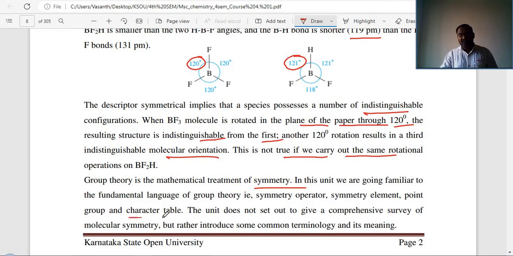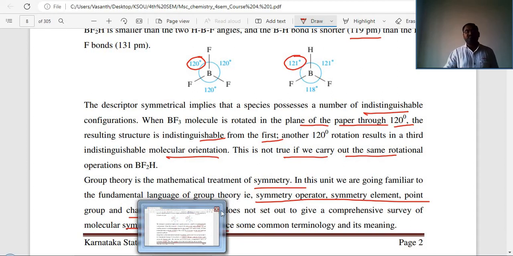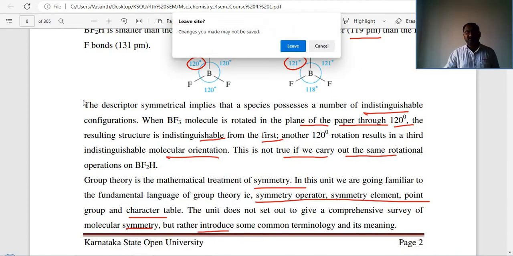These are all the language of group theory. The unit does not set out to give a comprehensive survey of molecular symmetry, but rather introduces some common terminology and its meaning.